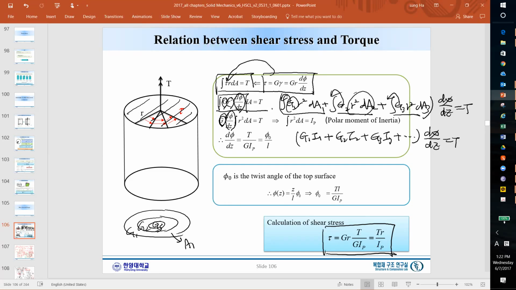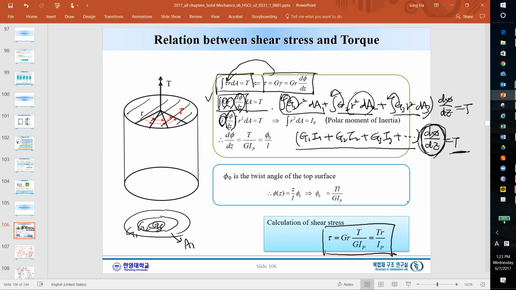Please pay very special attention to these derivations. The main point here is that we get dphi dz equal to T over these terms.